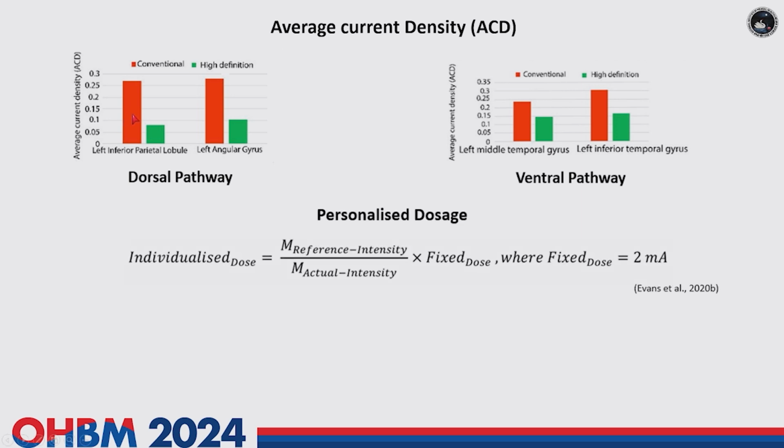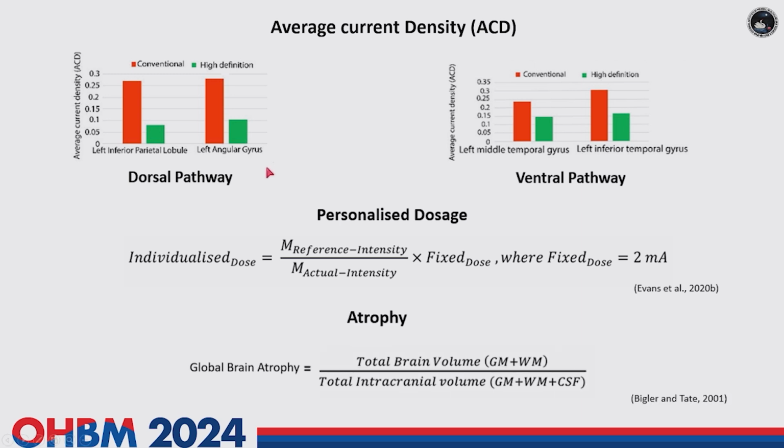These ACD values, the average current density values, were then used to calculate the personalized dosage from the individual dose formula. The M reference intensity is the value that we obtained from a standard MNI template, whereas the M actual intensity is the ACD value that we get from the simulation in ISATA for each particular ROI.